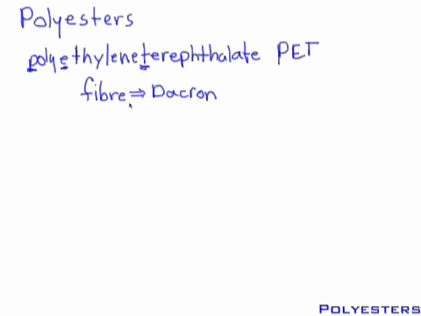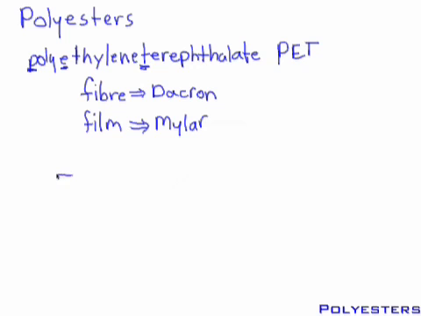When it's produced in film, in a flat film, the film is called Mylar. Mylar film. Mylar film has been used in magnetic tapes and CDs. Polyethylene terephthalate, or PET, can be synthesized by taking 1,4-benzene dicarboxylic acid.